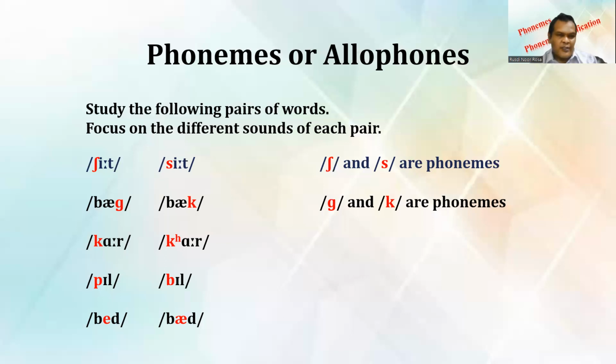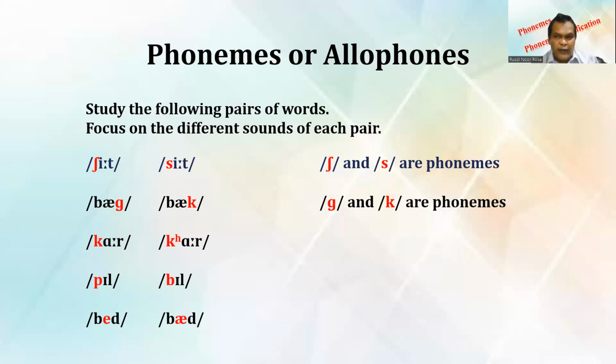The next ones, let's see, car and car. You see, these two words have only one different sound. The first one is k, and the second one is k aspirated, an aspirated sound. So now, let's see, car and car.